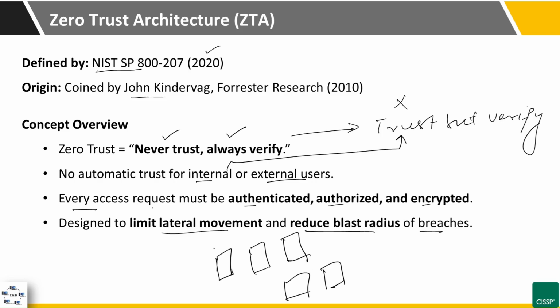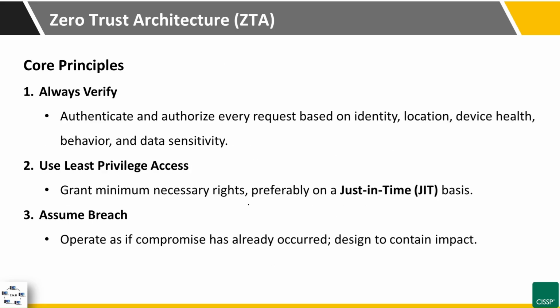Lateral movement is when, if one server is compromised, the attack spreads to other servers. ZTA reduces this blast radius by limiting the attack to only one machine, one server, and limiting the lateral movement of the attack. So these are the core principles of ZTA.